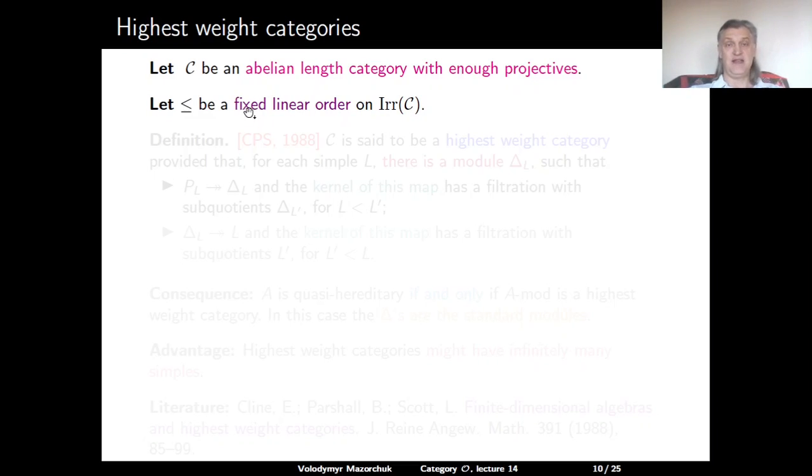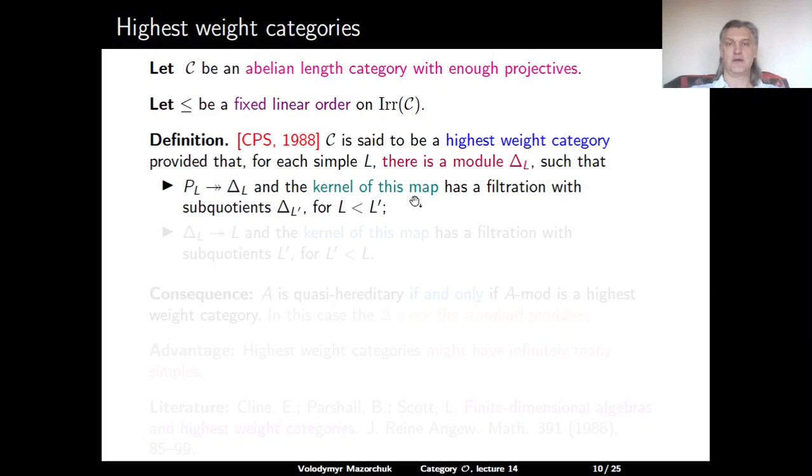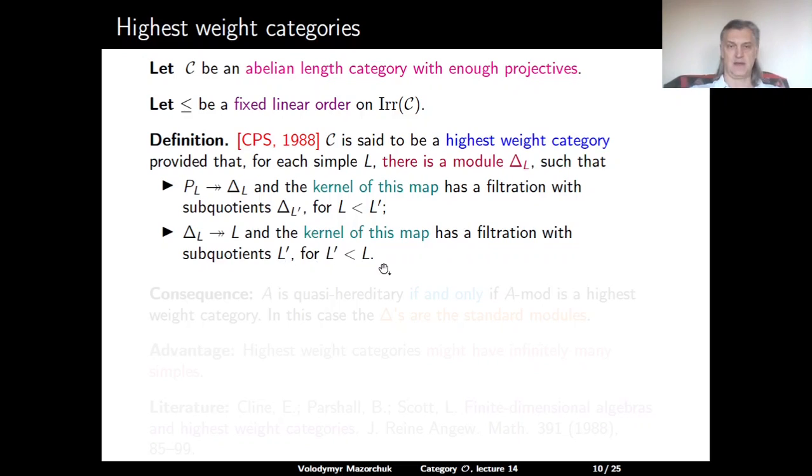Fix a linear order on the set of simple objects of C. So, definition by Cline-Parshall-Scott from '88: we say that C is a highest weight category, provided that for each simple L, there is a module, a standard object denoted delta L, such that the projective cover of L surjects onto delta L, and the kernel of this map has a filtration with subquotients delta L prime, where L prime is strictly bigger than L. And the second condition: delta L surjects onto L, and the kernel of this map has a filtration with subquotients L prime, where L prime is strictly smaller than L.